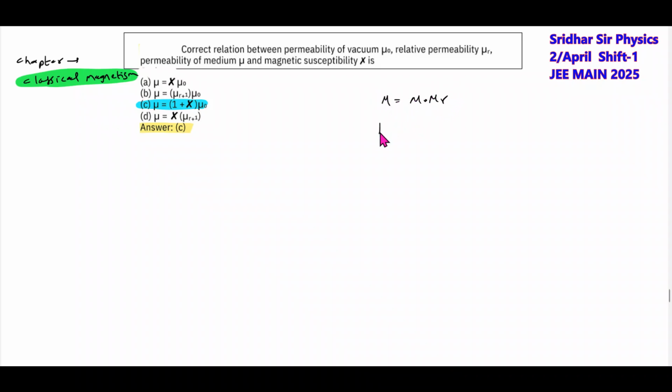So when you substitute this, 1 plus chi into mu naught equals mu naught into mu r. Therefore 1 plus chi equals mu r. Like this, the relationship between the relative permeability and susceptibility is this one. I think this is also a simple theoretical one, just formula based.